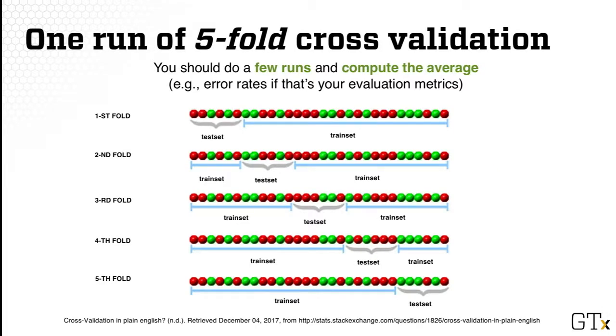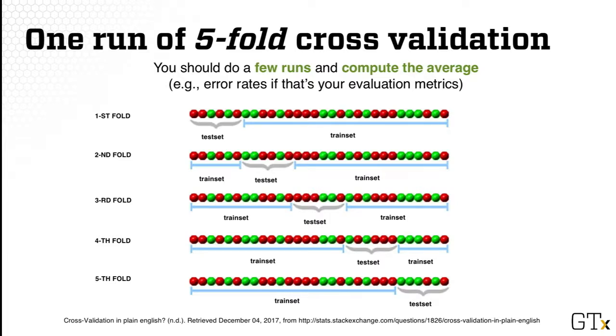Cross-validation is a common technique to prevent overfitting. Here we're looking at an example of how to do fivefold cross-validation, and specifically we're looking at only one iteration of cross-validation. In cross-validation, we divide the data into folds or parts. For example, in the first row here, you'll see that we divided the data into 5 parts, or 5 folds.